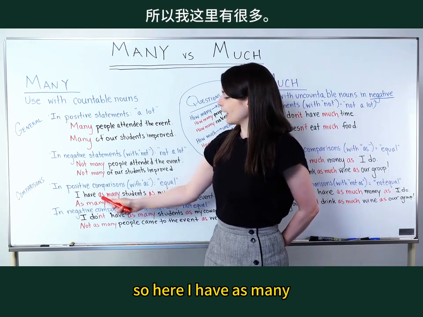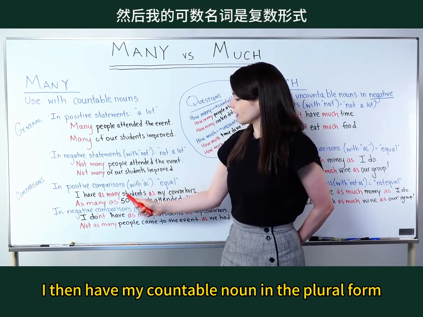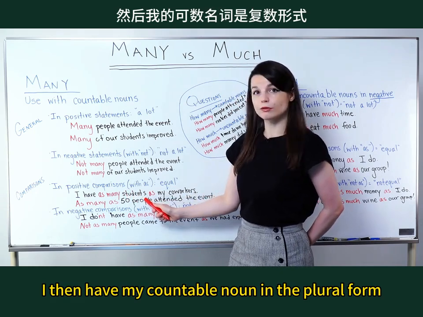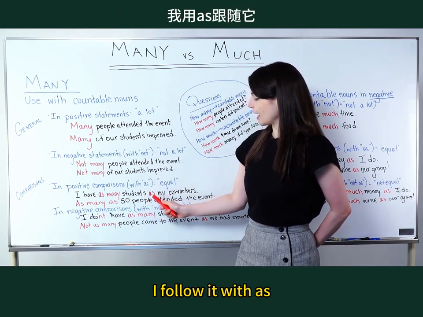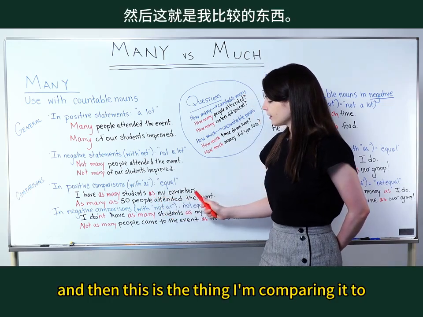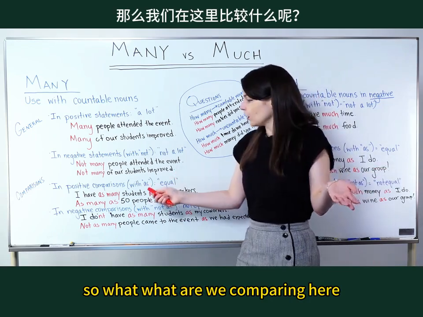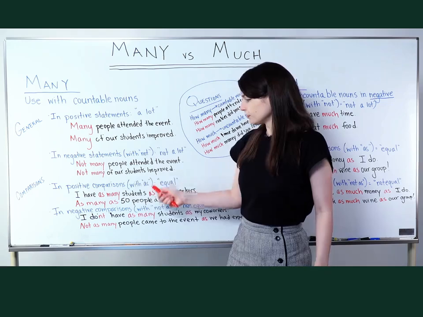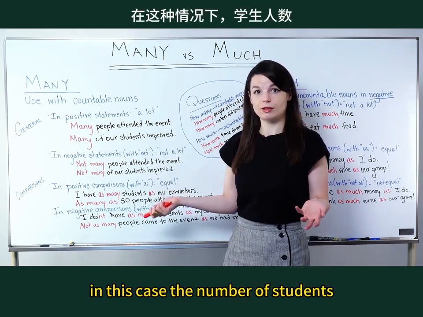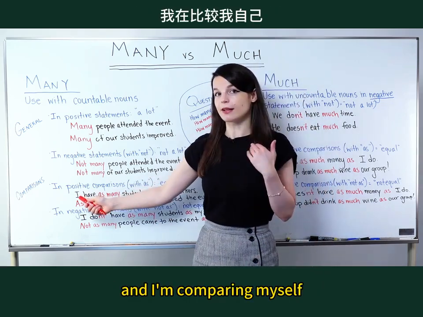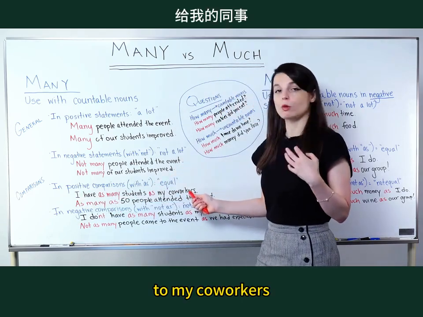So here I have as many. I then have my countable noun in the plural form. I follow it with as, and then this is the thing I'm comparing it to. So what are we comparing here? We're talking about students, in this case the number of students, and I'm comparing myself to my coworkers.